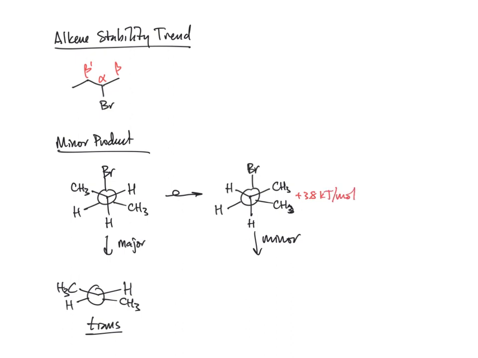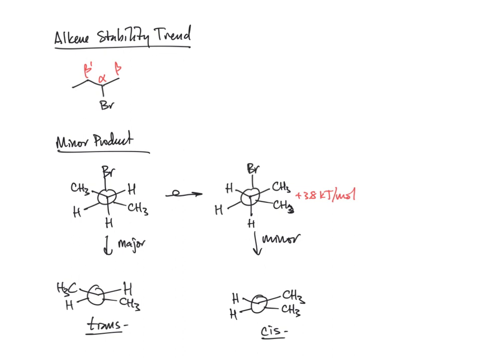So again, this conformation is higher in energy than this. So when we do this elimination, you can now see that that forms the cis product. Both of these methyl groups are on the same side. These methyl groups are on the same side now.